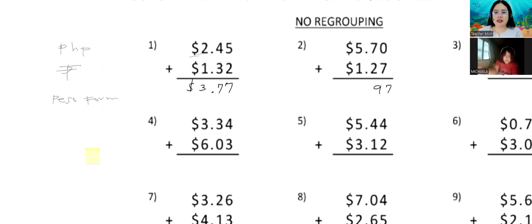Okay, copy first the decimal point and then proceed in adding the numbers, which are 5 and 1. What's the total in adding 5 and 1? 6. Very good. Point 6 and 97. 97 dollars and 6 cents. So this is in dollar form again.